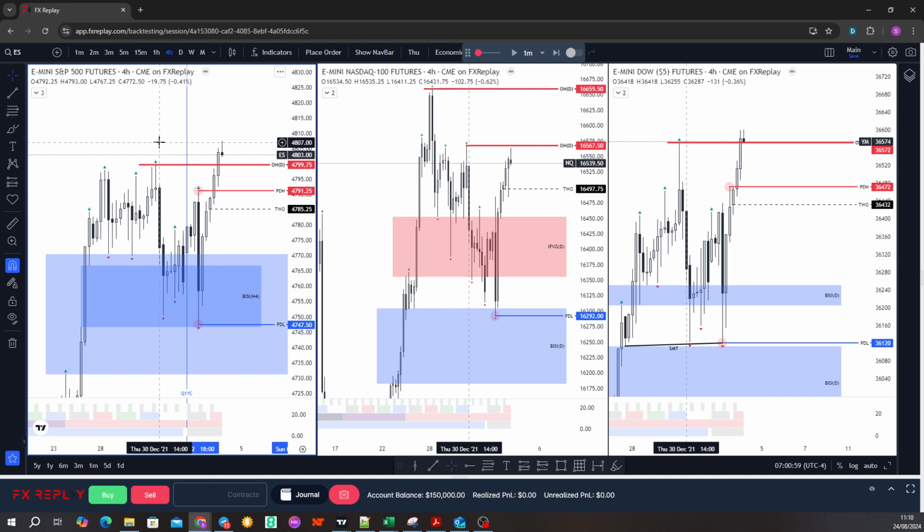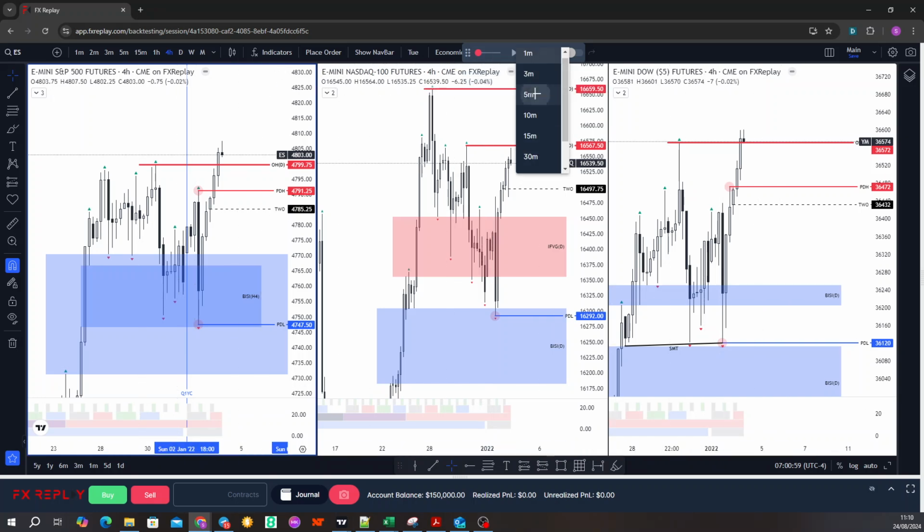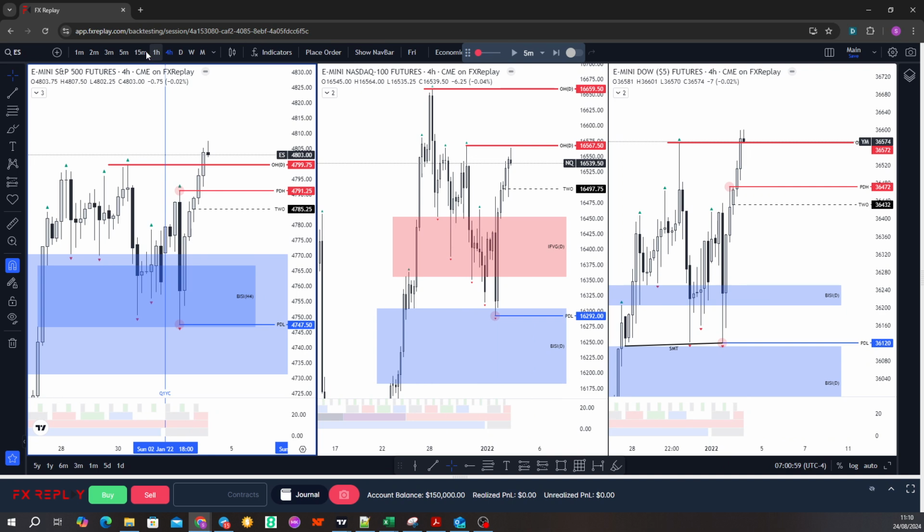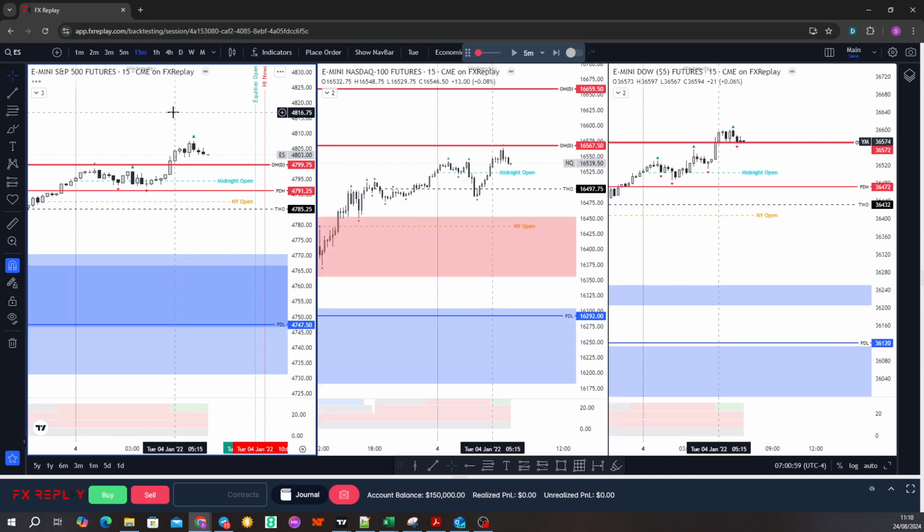Would then need to see a hourly investigation candle. So we're gonna forward to, let's go to 15-minute.